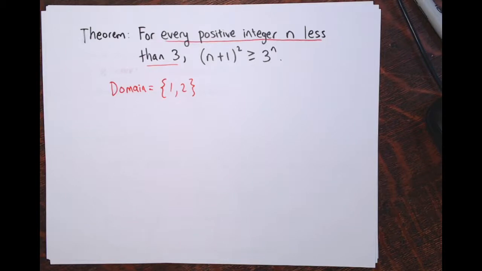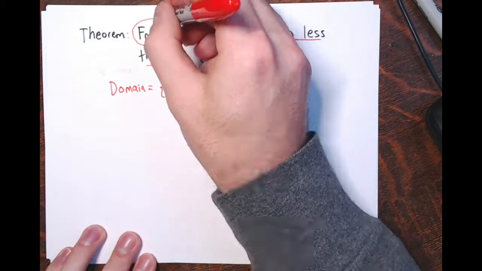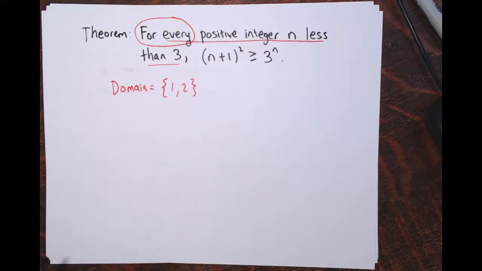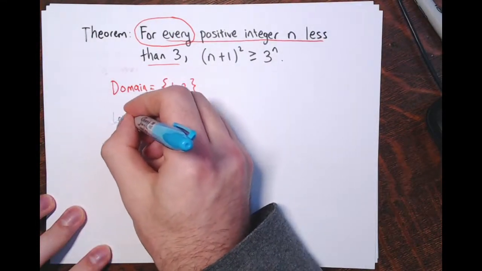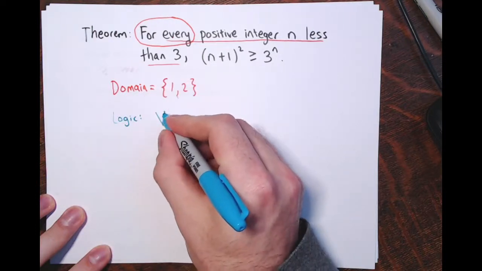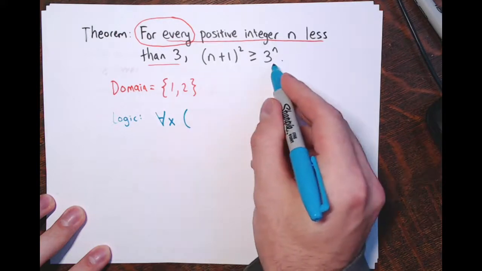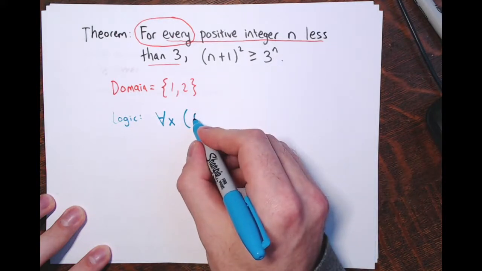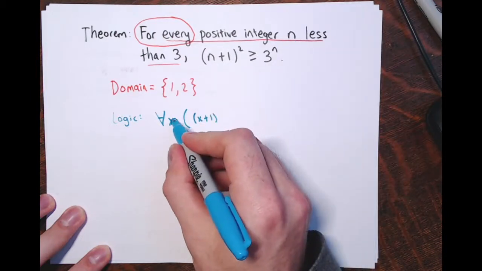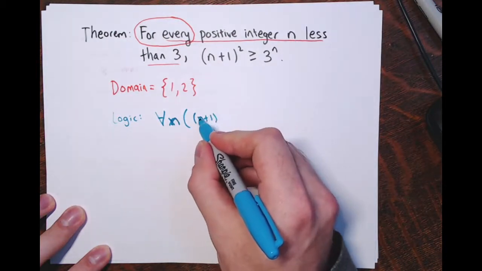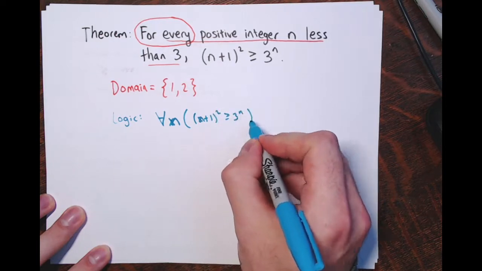So the domain of this statement, I mean, sure, it's for all. The statement in logical symbols is, for every value in the domain, say it's called x, this statement is true. X plus 1, I guess I should have called it n, huh? For every value n in the domain, n plus 1 squared is greater than or equal to 3 to the n.